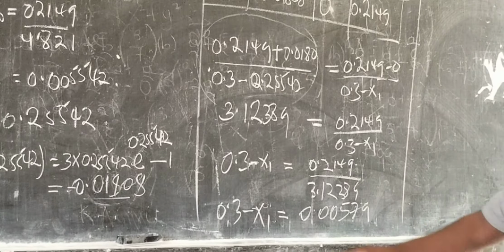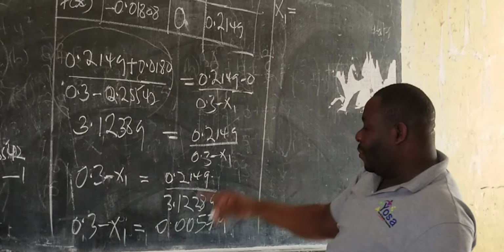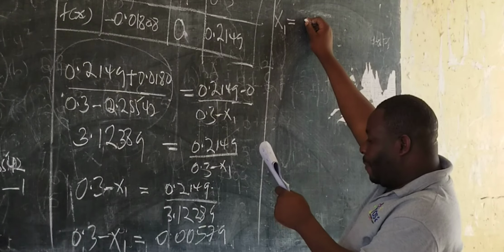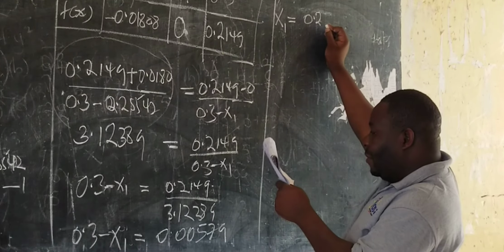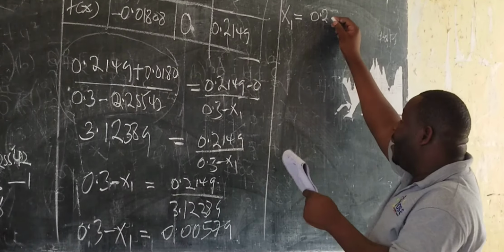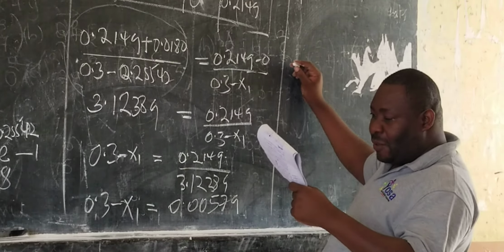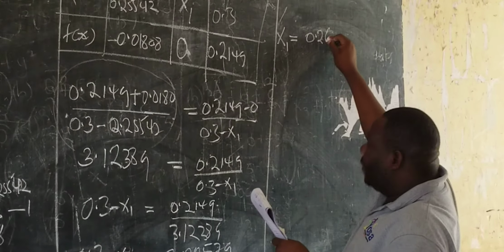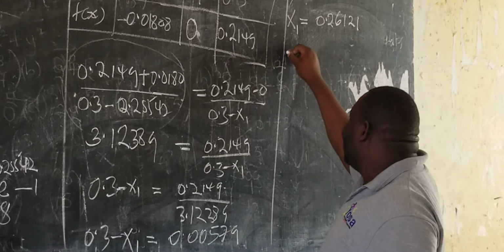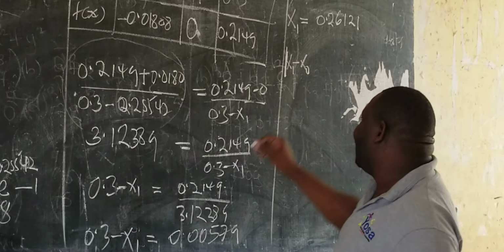So when we make x1 the subject, it gives us 0.26121. So you check the condition, which is x1 minus x naught. Subtract those two values.